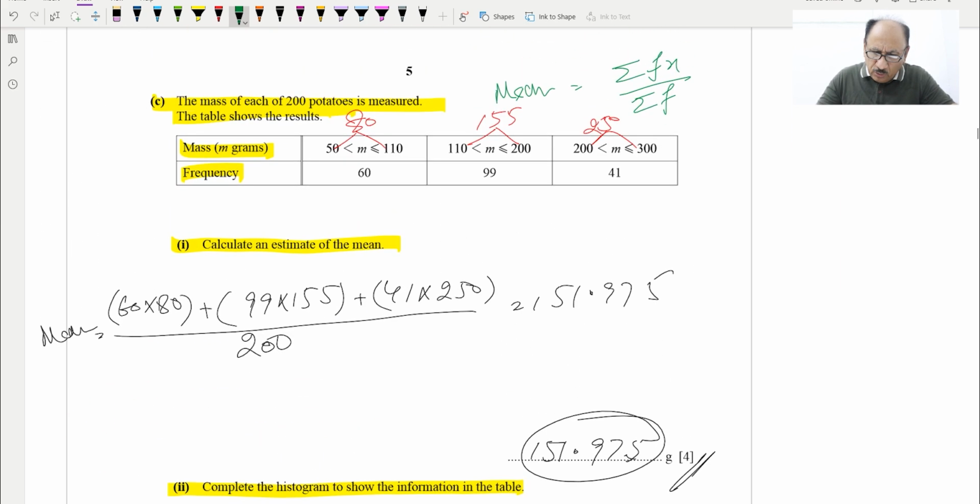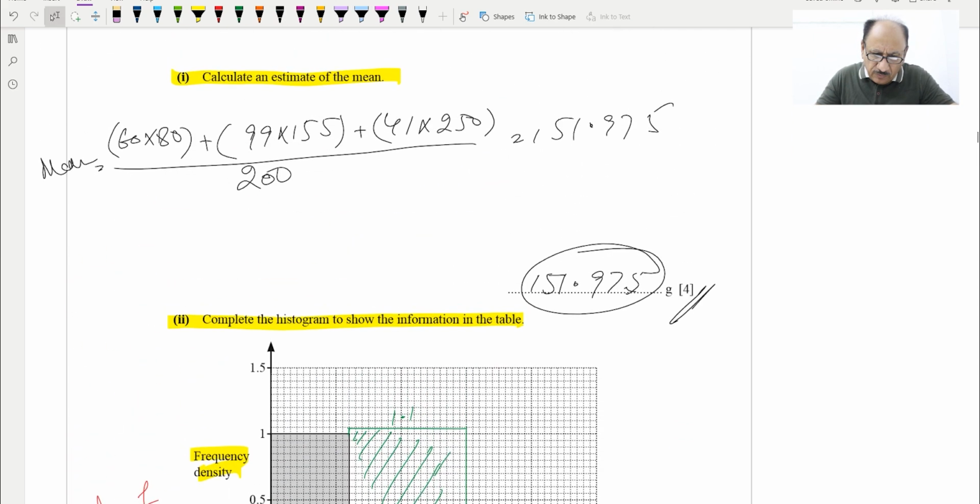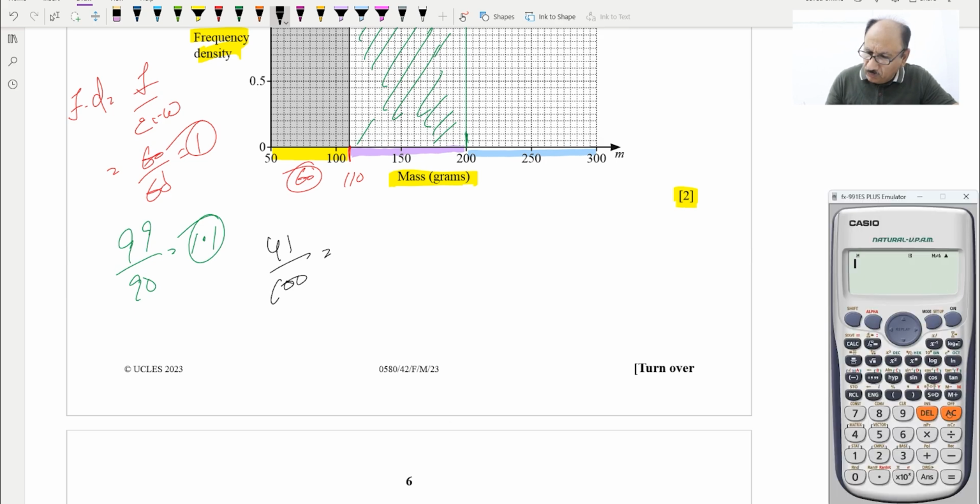Last one is 200 to 300. So 200 to 300 will be this much class width, and we can check for 41, which is the frequency. Yes, so 41 over 100 will be equal to 0.41.